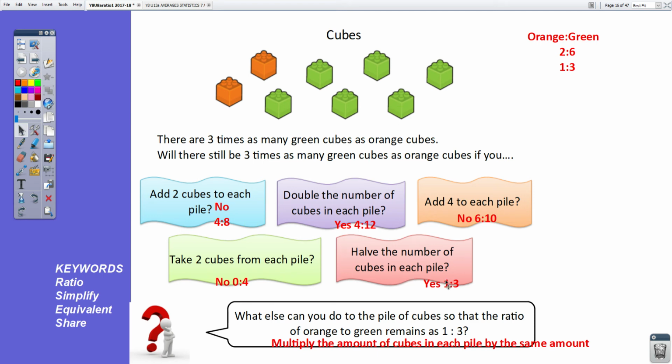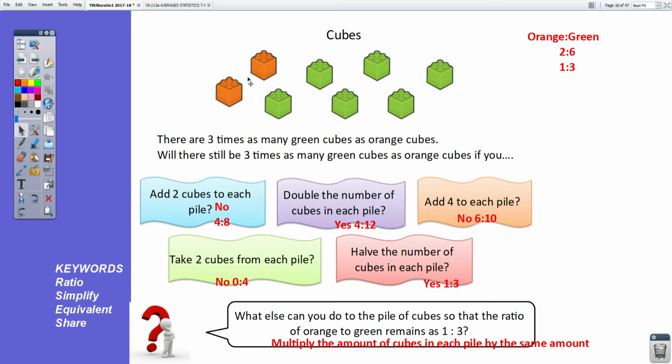Now what you may have noticed, the ones where the answer is yes are where we've either doubled or halved. In other words, we've used multiplying. Multiplying by 2, multiplying by a half. So what else can you do to the pile of cubes so that the ratio of orange to green remains as 1 to 3? Well, you could multiply the amount of cubes in each pile by the same amount.